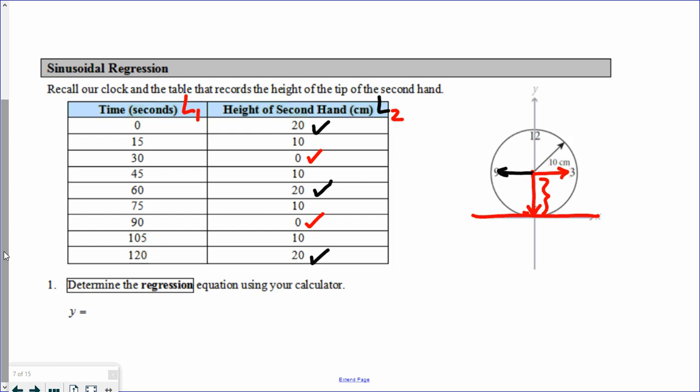And so the regression equation using your calculator, it will give you the full equation of what it actually looks like. And so I'm going to stop using the red pen since it's doing weird stuff.